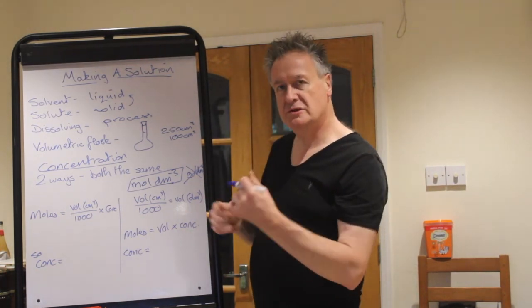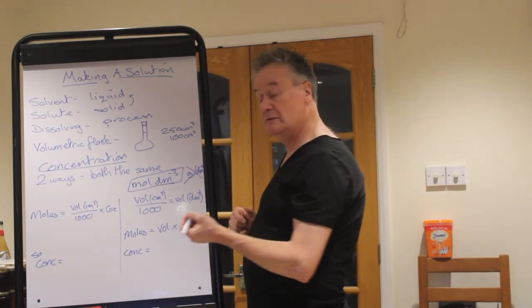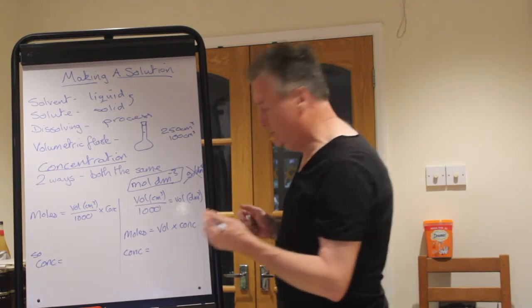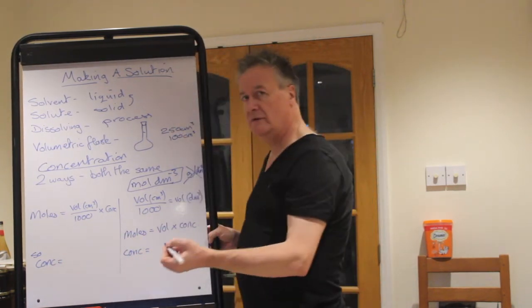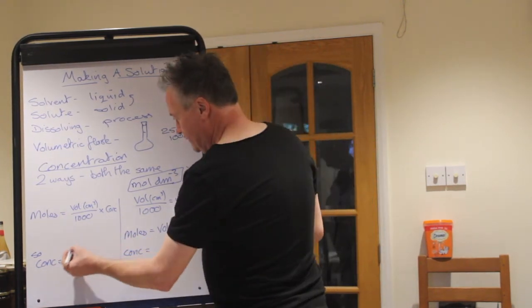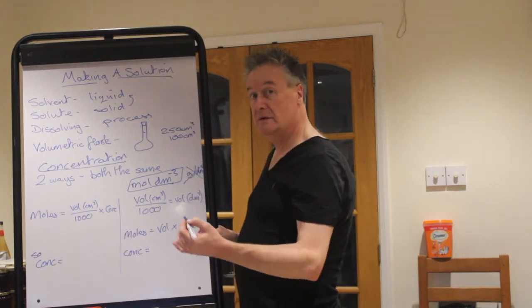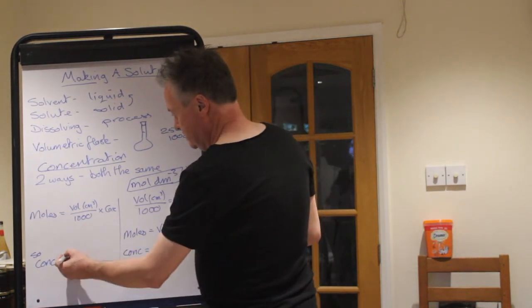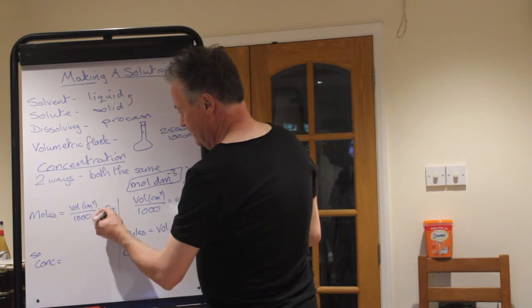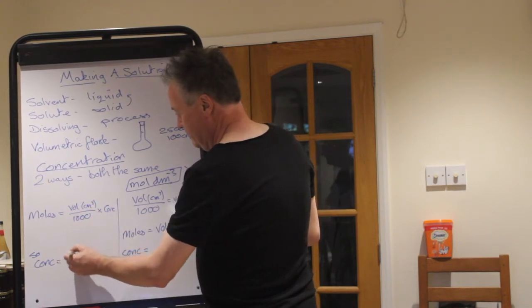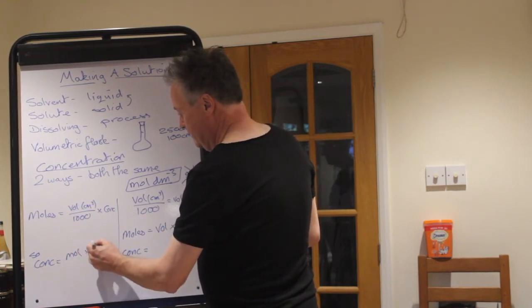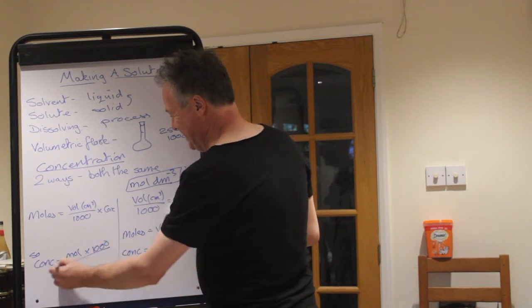Now, the questions attached to this video, or to the homework that was set for you if you're my students, are firstly working out the concentration. So you want to leave the concentration there, so it's moles times 1. My cat's making a racket.